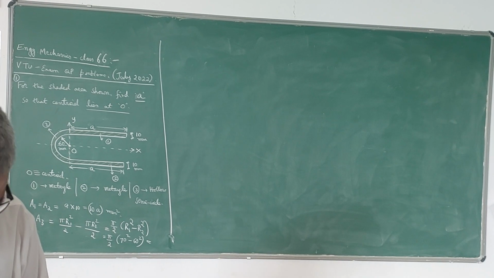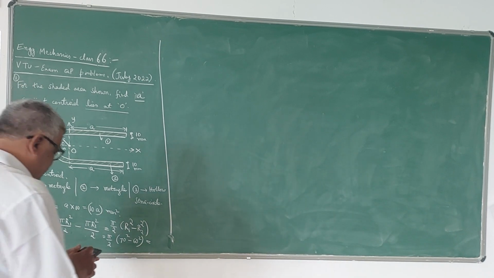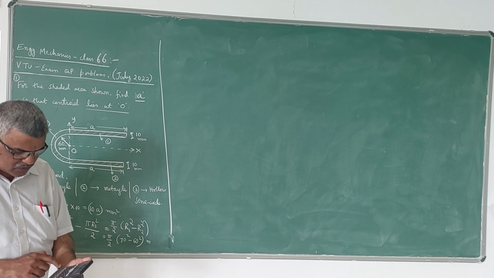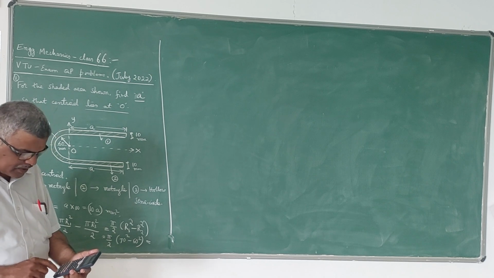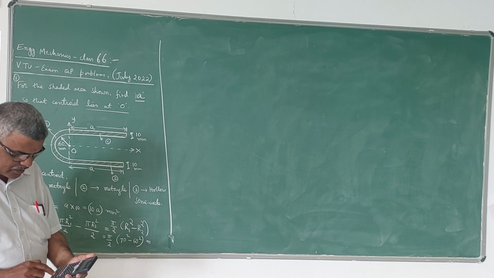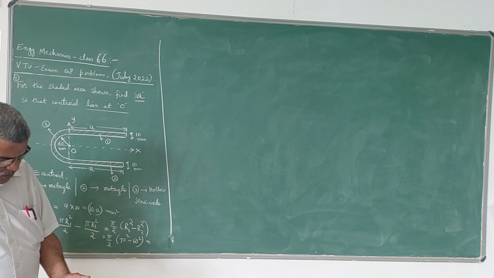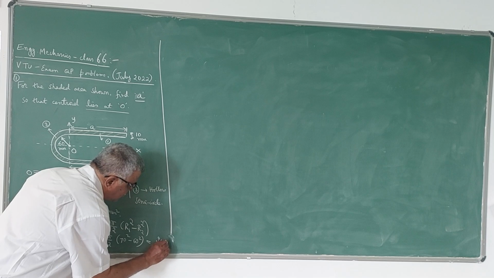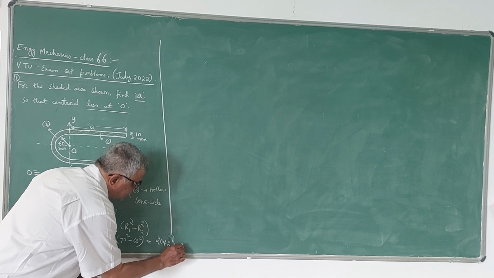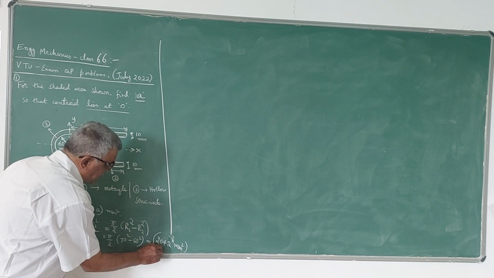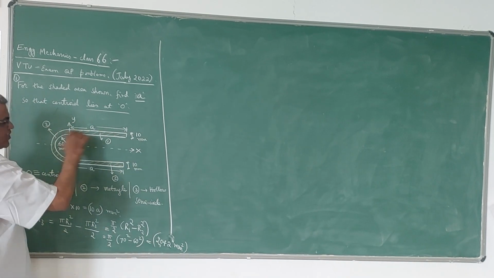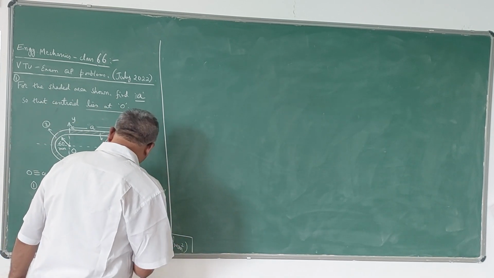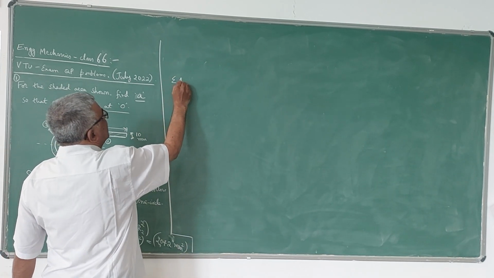If you simplify that, you are going to get 2042 millimeter square, because this thickness is 10 mm. This is given here. So these are the areas. Once you know these areas, now the total area can be computed.